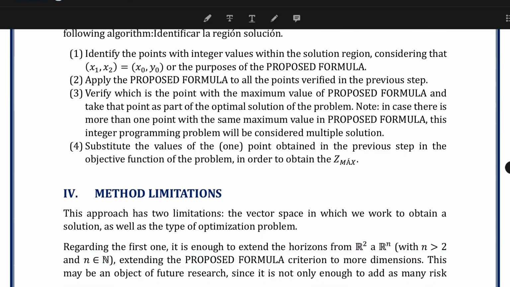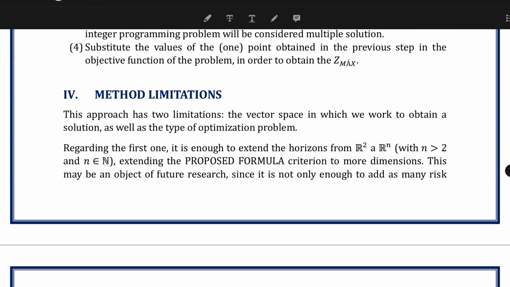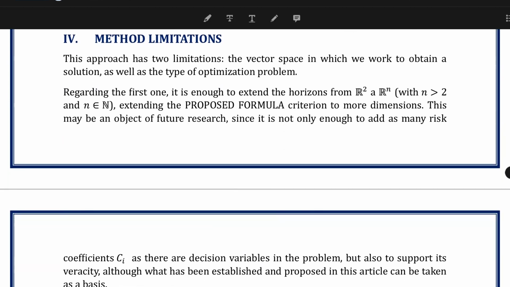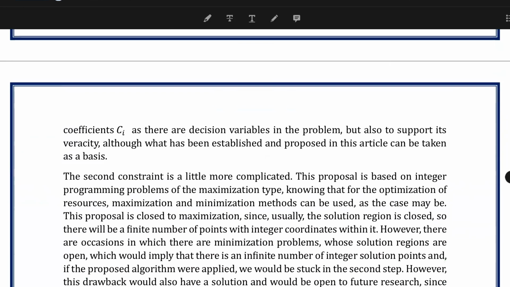And these are the limitations of the problem. The first limitation of the proposed formula and the alternative problem is that this problem has only the horizon of R2 and not Rn for n greater than 2. But this is open to more investigation in the future.